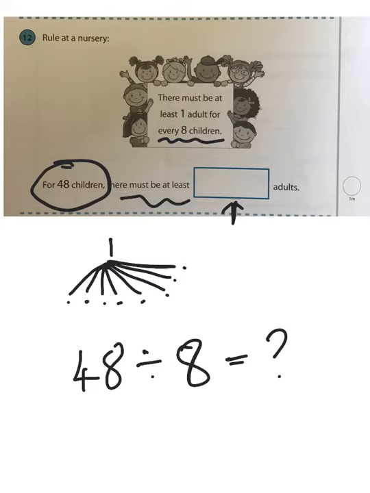If we put 48 in lines of 8, we'll find out how many adults we need. So 48 divided by 8 equals what? 6.